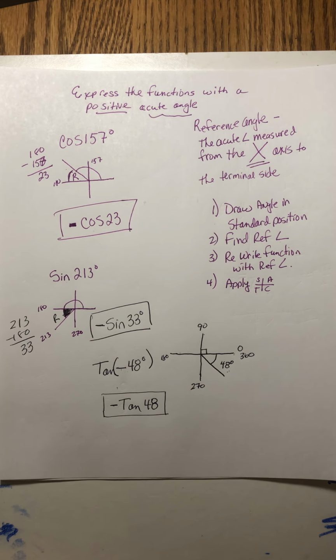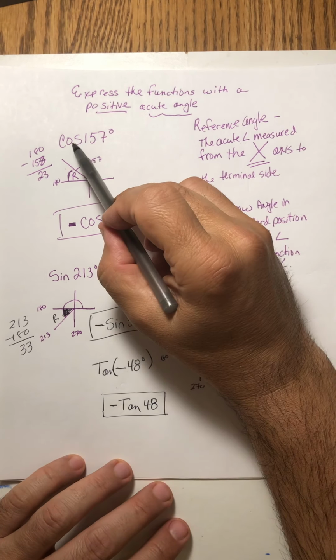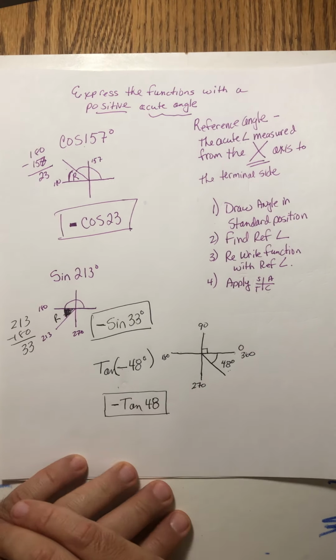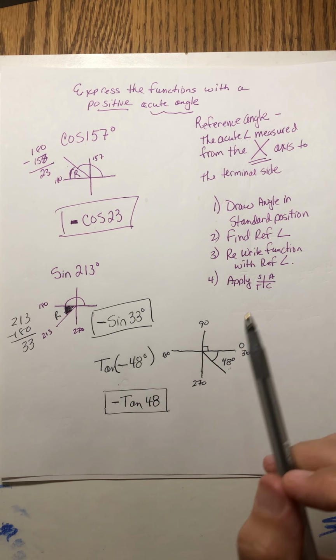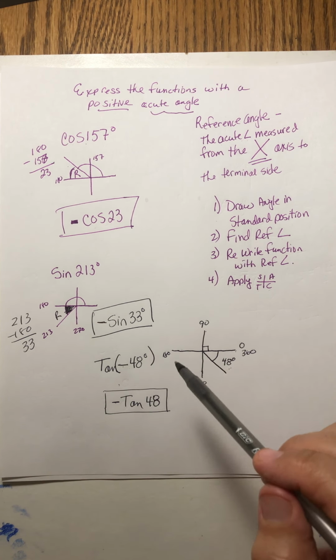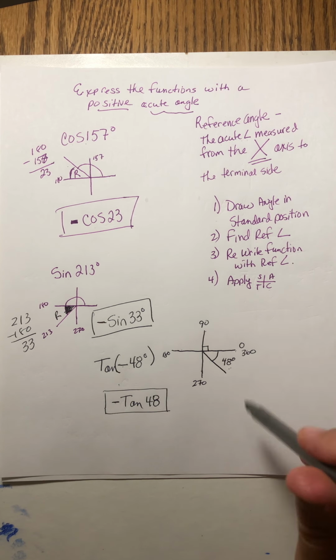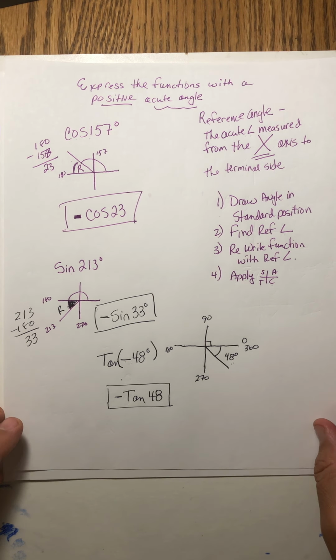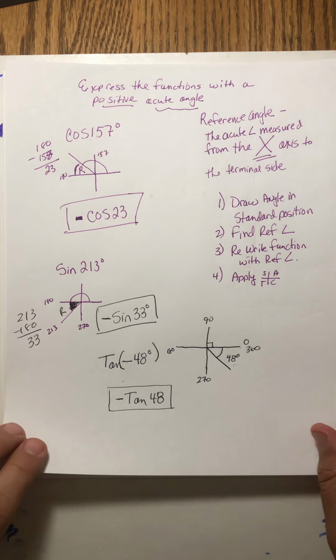For example, if this was sine of 157, this would have been a positive value. So this is what you're going to see in your first 8 or 9 questions in your assignment. The next piece, we need this information in order to do the next piece, as to how to draw the angles in standard position.